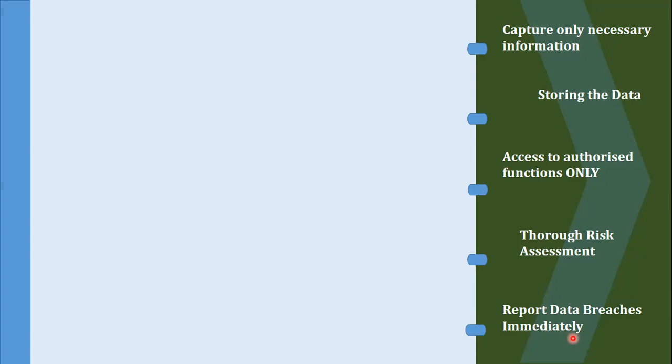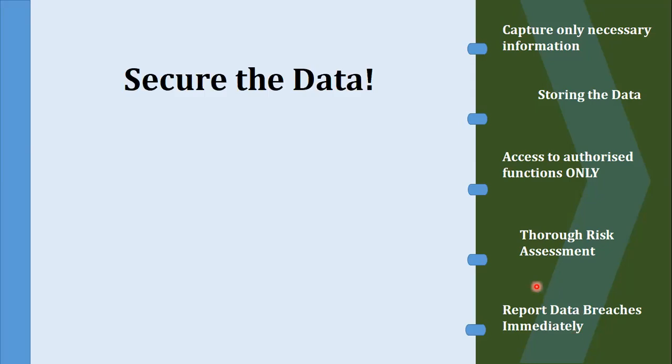Believe me, when an organization themselves reports a data breach rather than a customer reporting, there's a difference, right? So that shows that you are being on the front foot, you're taking charge of the situation. So it's all about securing the data. So with this, I conclude this topic on GDPR.